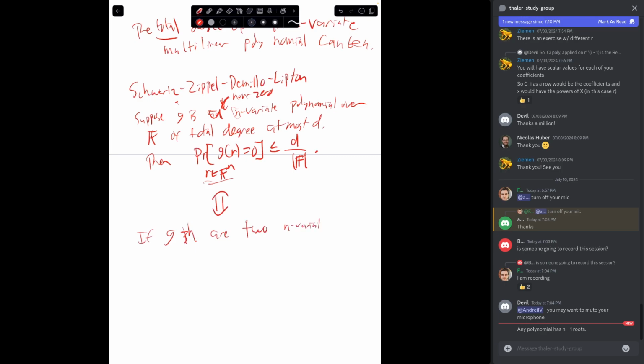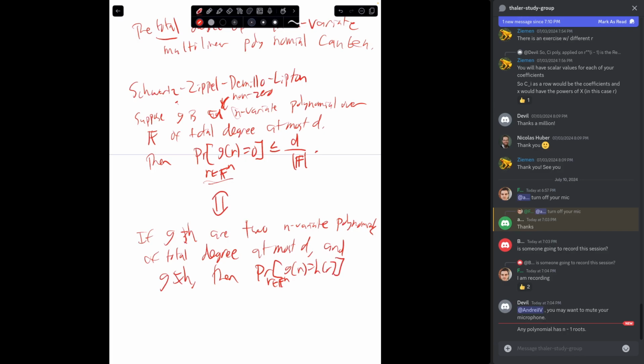n-variate polynomials, both of total degree at most d, and they're not the same polynomial, then if I evaluate them both at a random point, the probability they agree at that point is at most the total degree over the size of the field.